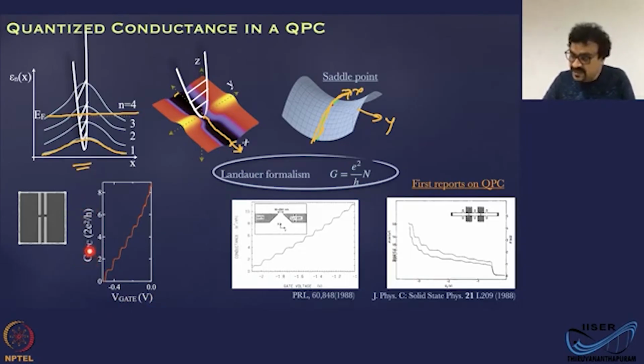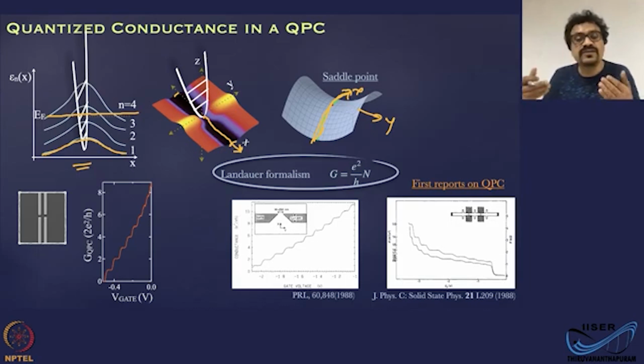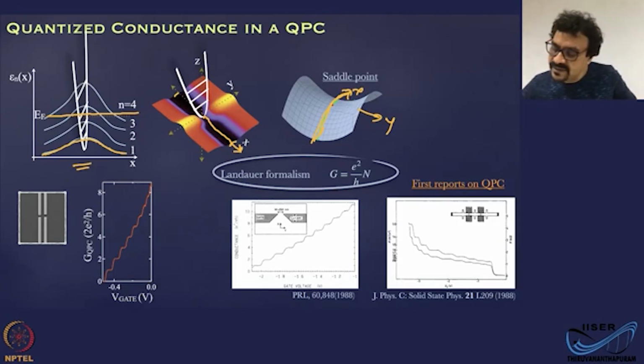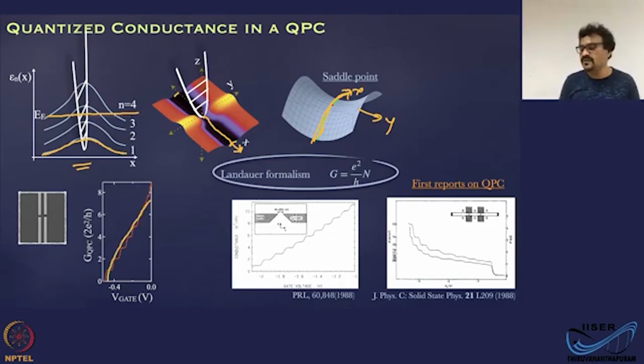So if I plot the conductance as a function of the gate voltage, if it is the usual field effect device like a FET, then you are going to see a smooth reduction of conductance. It is the usual field effect device, right?